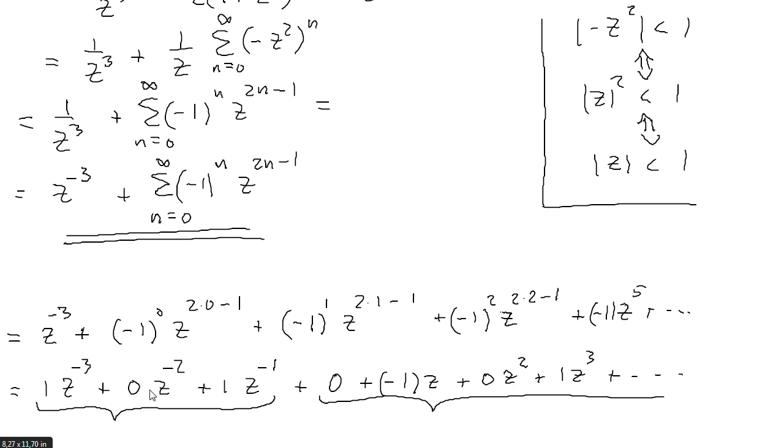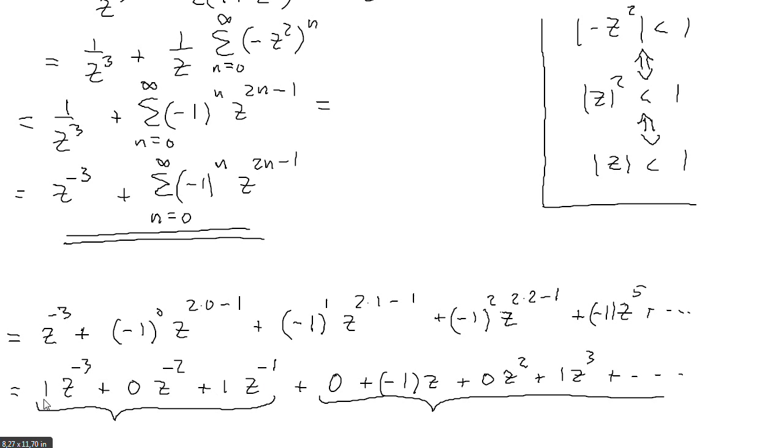The coefficient in the term corresponding to n equal to minus 2 is 0, of course, because we do not have any terms in this series which is a product of some number and z to the power of minus 2. On the other hand, we see that this term appears here. We have minus 1 to the power of 0, which is just 1, so here is the coefficient, and this should be multiplied with z to the power of minus 1.